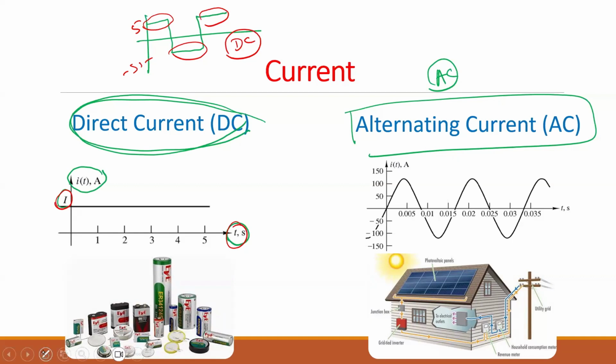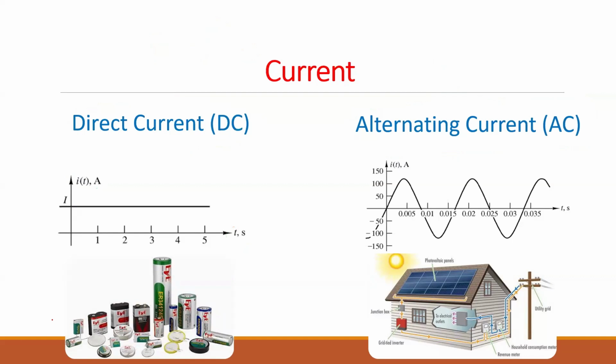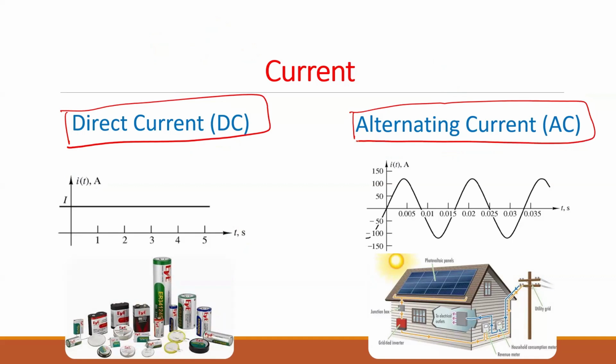We need both, because there are some equipments that use direct current to operate, and also alternating current is very important for us to get the current from the power plant to our household. If we transport the direct current, that is a huge loss.